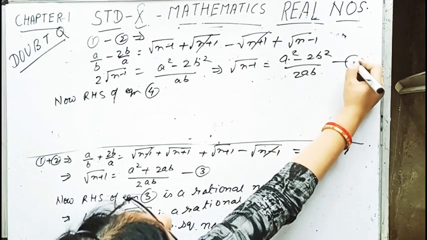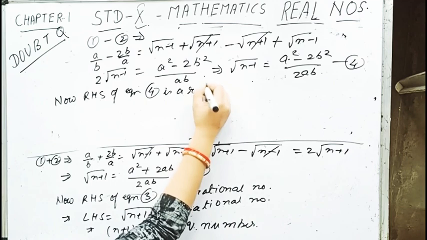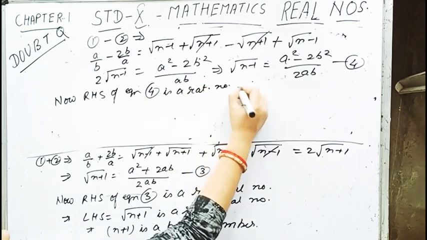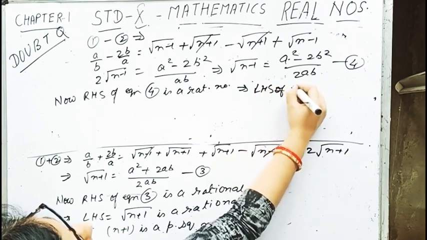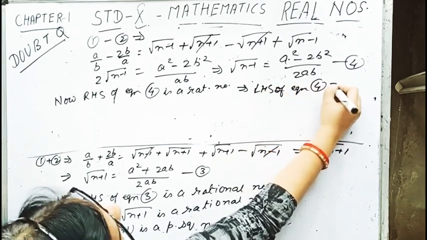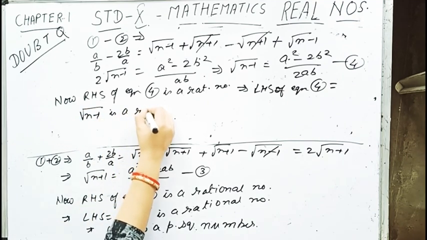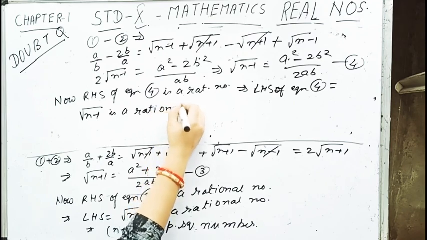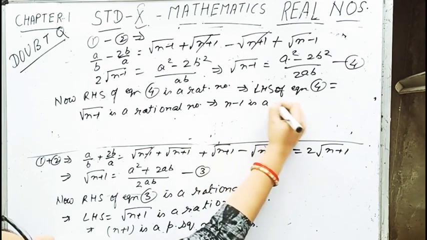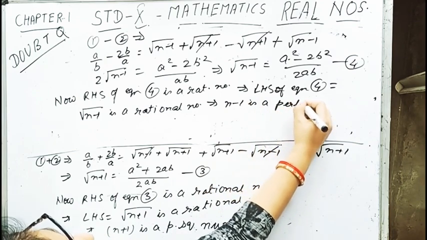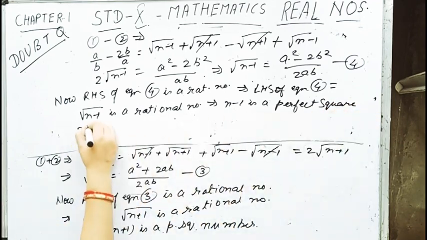The RHS of equation 4 is a rational number, which implies the LHS, √(n−1), is a rational number. This implies n−1 is a perfect square number.